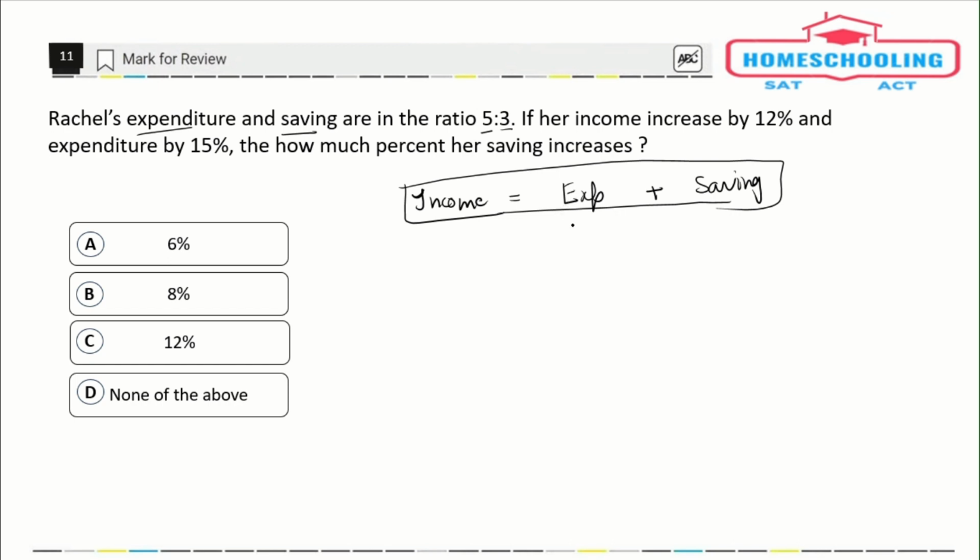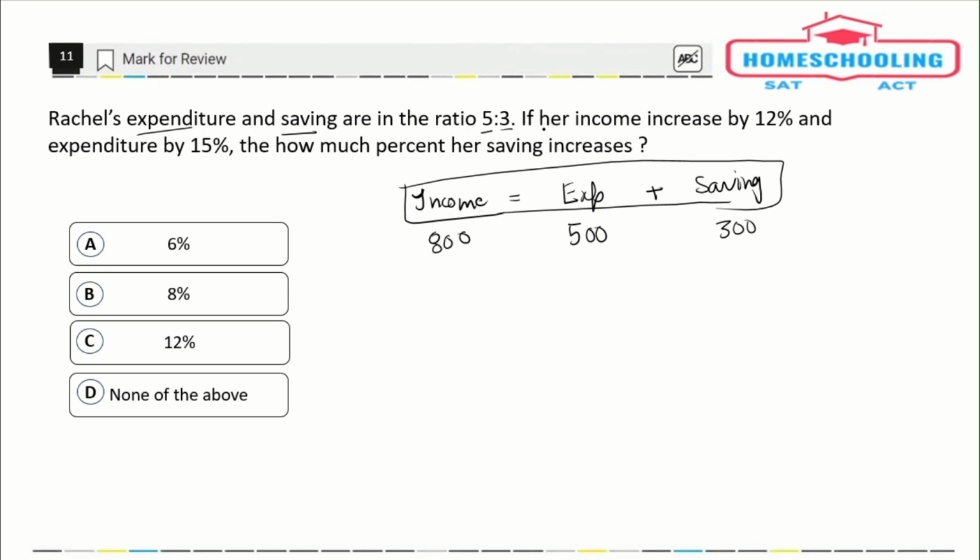So let's take expenditure as 500 for calculation's sake, and saving as 300 because they are in ratio 5 is to 3. So what is going to be the total income? We have to add both of them. So your income would be 800.